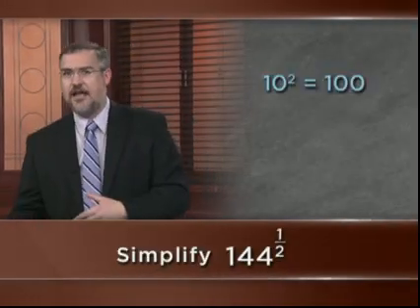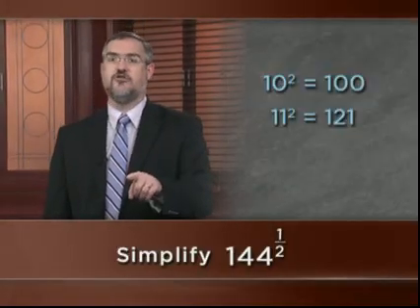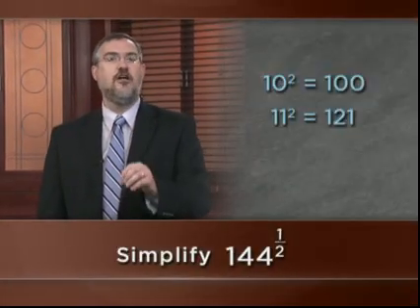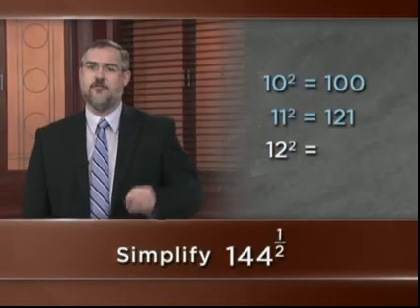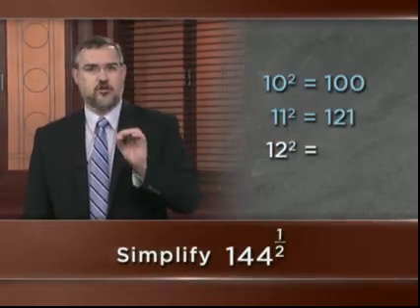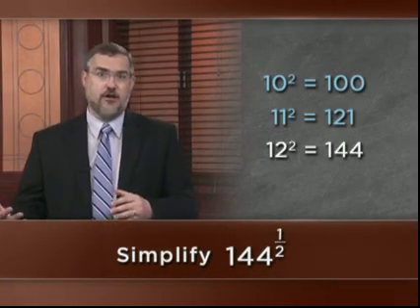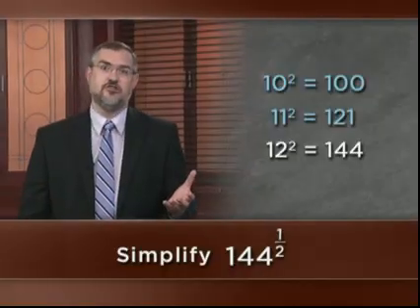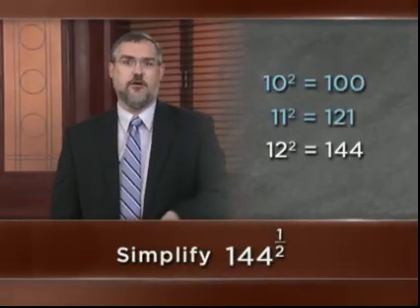Well, it's not 11, because 11 squared is 11 times 11, which is 121. Still too small. What about 12? Well, 12 squared, or 12 to the 2, is equal to 12 times 12, which equals 144. If you've memorized it, great. If you haven't, maybe you need to do some long multiplication. But bottom line, 12 times 12 is 144.